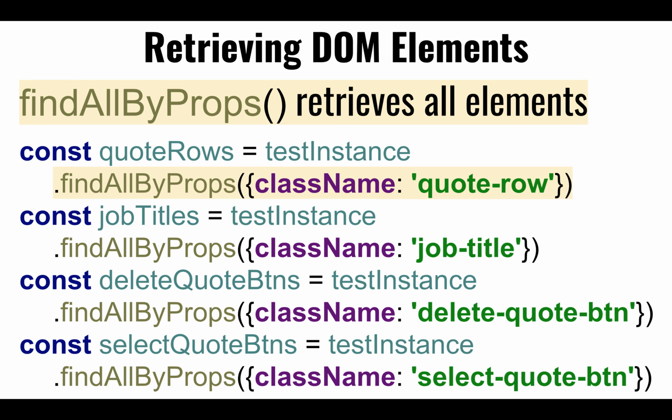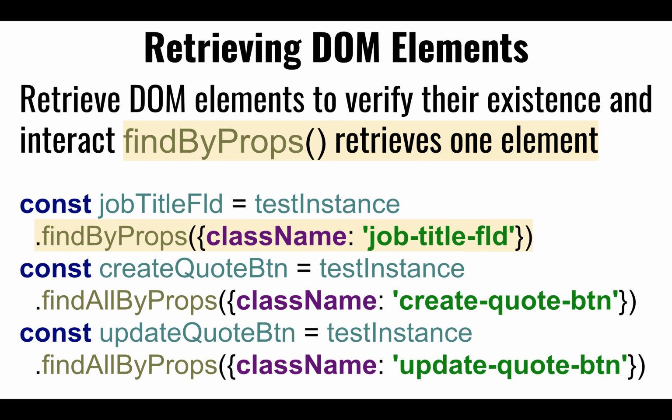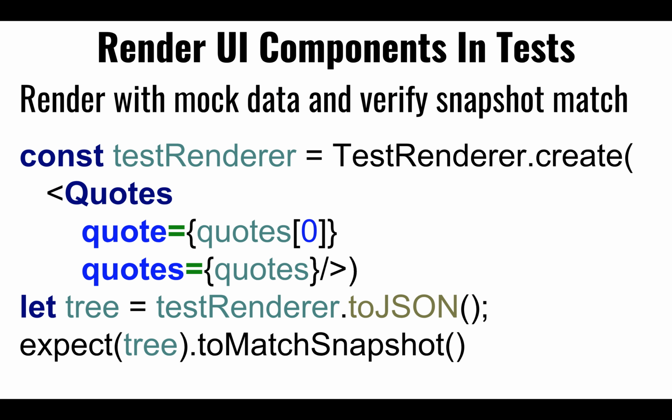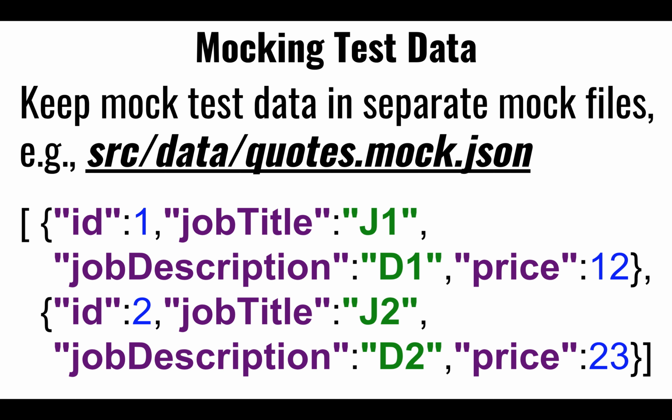So again, we can retrieve the elements from the DOM and then create all sorts of asserts that verify the title field for editing. The value of that field should be J1, because we instantiated the quote with quotes at 0, and this is the one used to render the initial input field, and quote sub 0 has a title of J1.